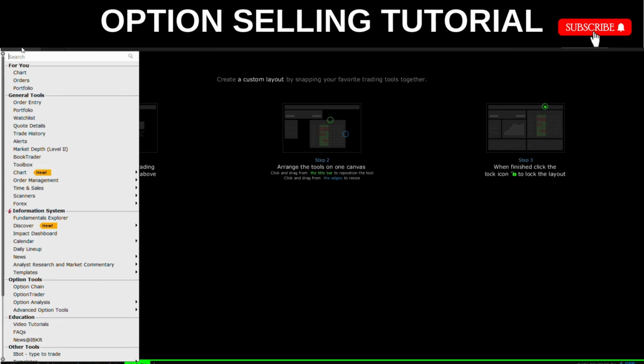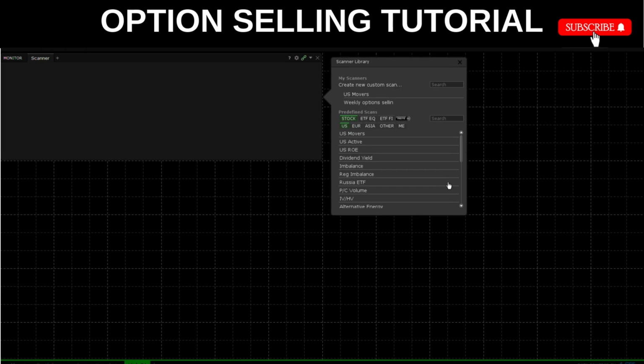Now we go to the option called scanners, the Mosaic market scanner. Okay, so here we have a scanner.